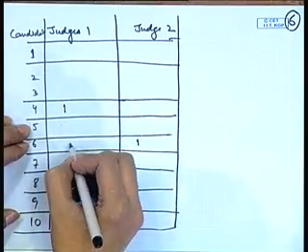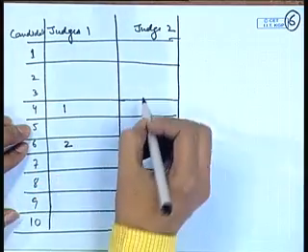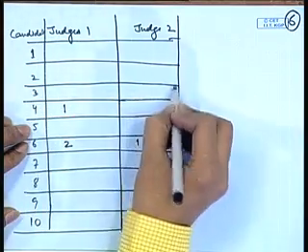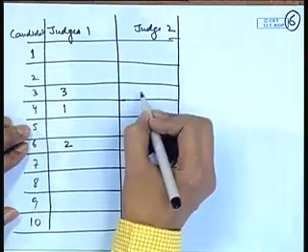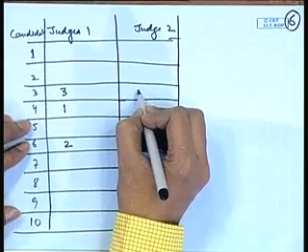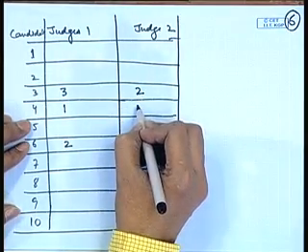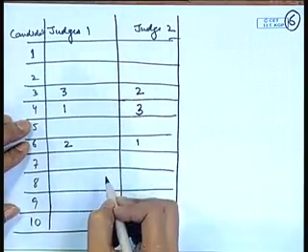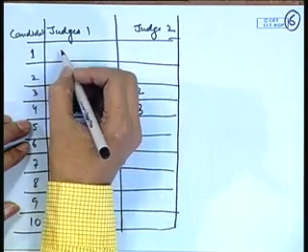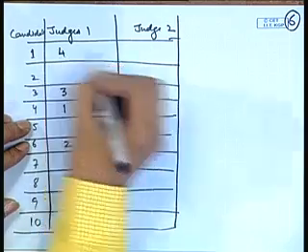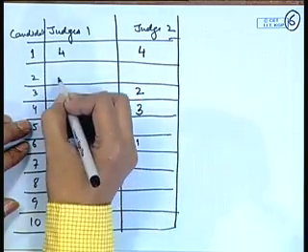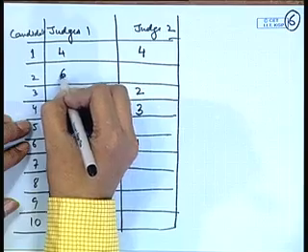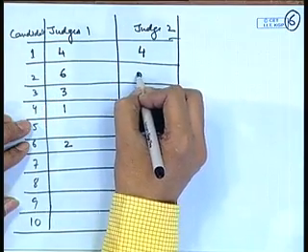Candidate number 6 may be ranked 2 here, candidate number 3 may be ranked 3 here, and ranked 2 by the other judge, and this may be ranked 3. Candidate number 1 may be ranked 4 by both of them. Candidate number 2 may be ranked 6th here and maybe 5th here.